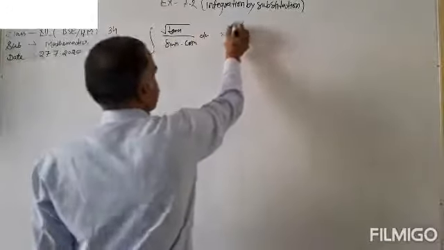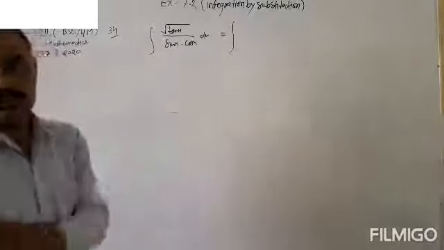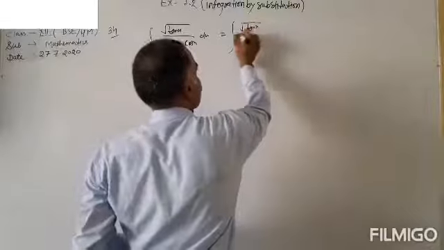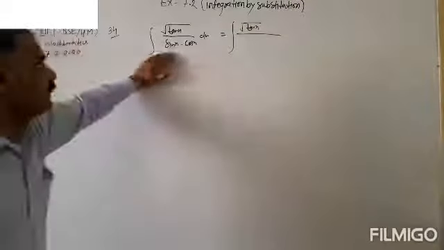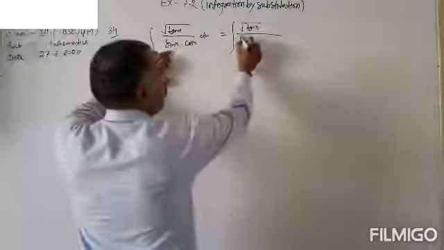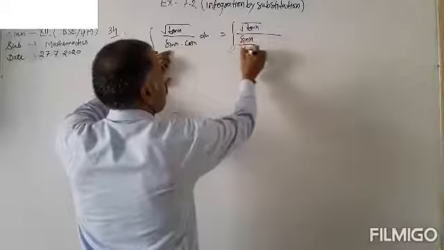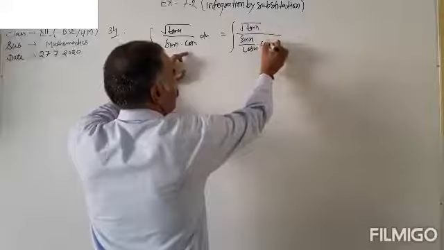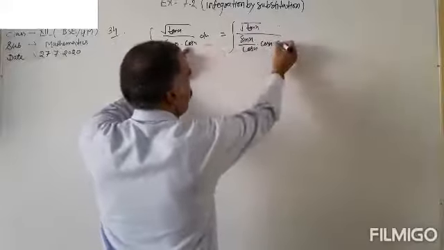So this is equal to root tan x. Now sin x divided by cos x: when we divide sin x by cos x, we have to multiply by cos x, and one cos x is already there.